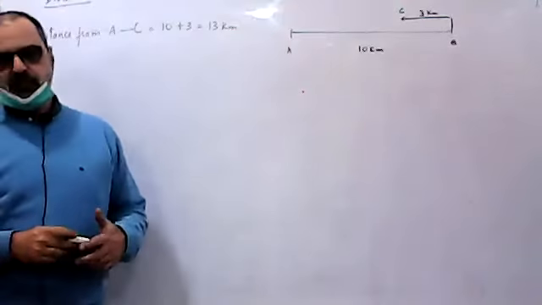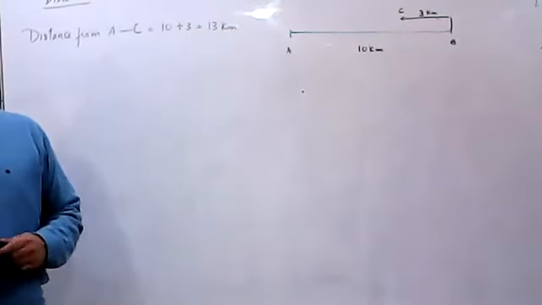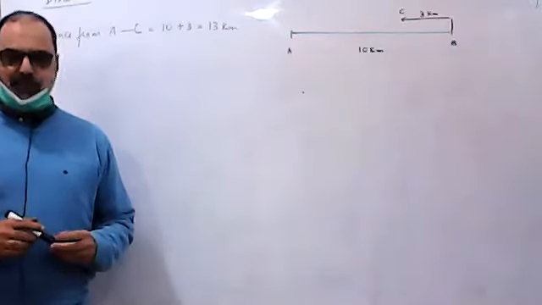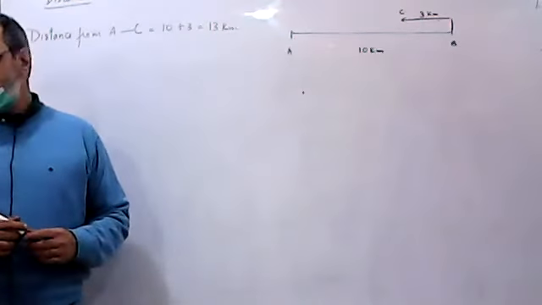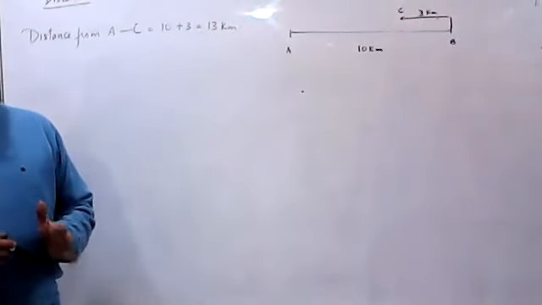a scalar quantity. The scalar quantities are those which do not require a direction to specify them or to explain them completely. So distance, because it is a scalar quantity, does not need any direction.